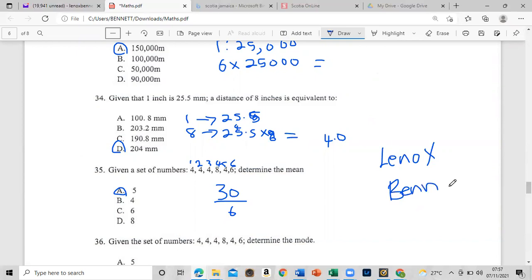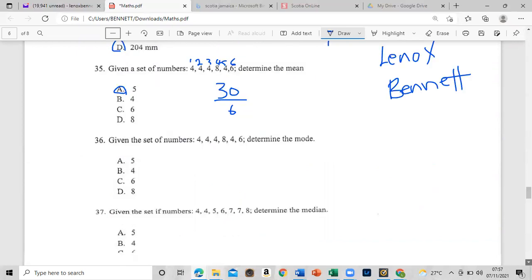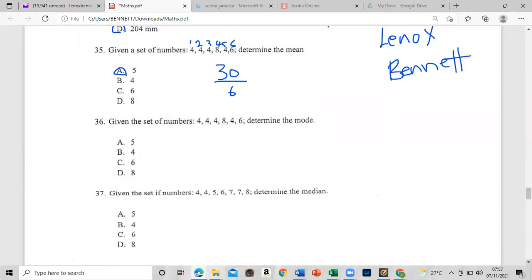Just 2 more to go. All right, given the set of numbers, determine the mode. The mode is the one that is most frequent. So since we have all of these 4s, this would be our mode.